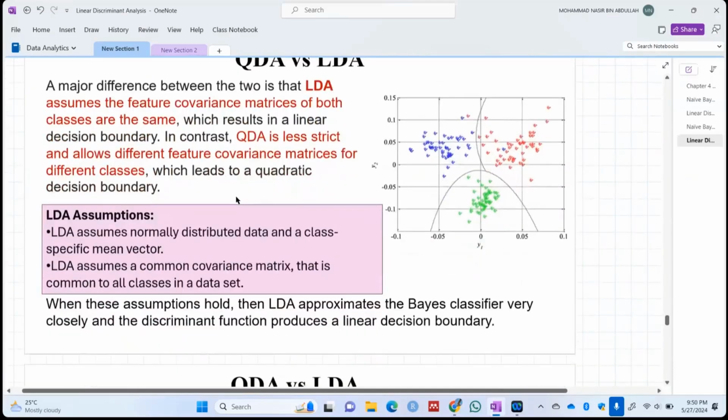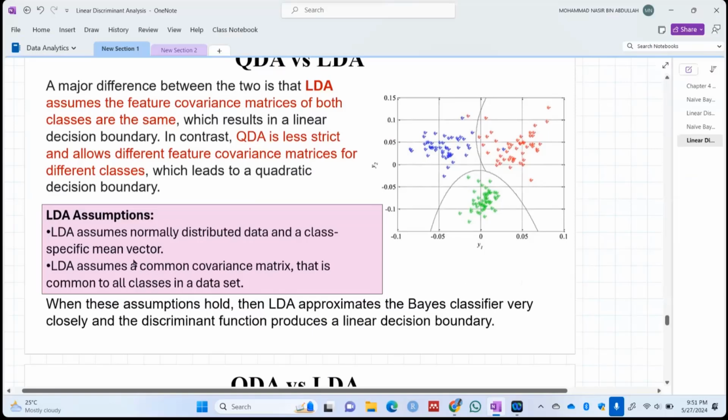Right, so QDA versus LDA. QDA means quadratic discriminant analysis. The only difference is the equality of variance. In quadratic discriminant analysis, the equality of variance is not assumed.